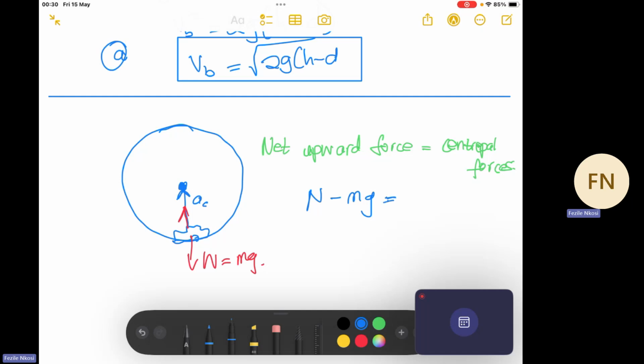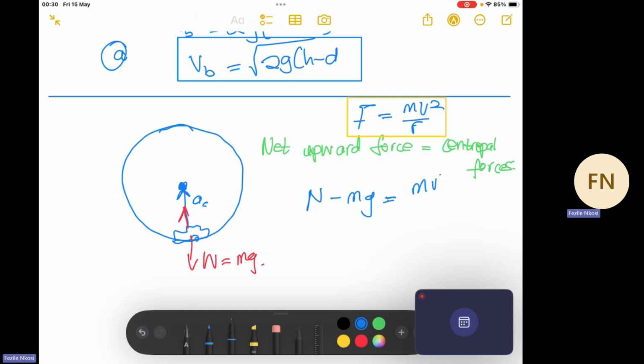So the net force is equal to, we know this formula, F equals m v squared over R, something like that. We know that formula from the textbook, the Serway textbook, which is the one we're using here.